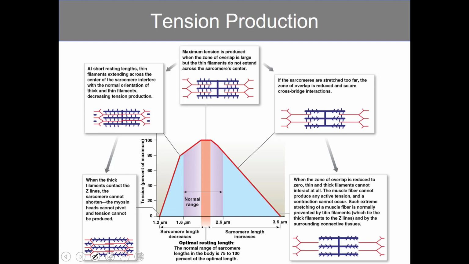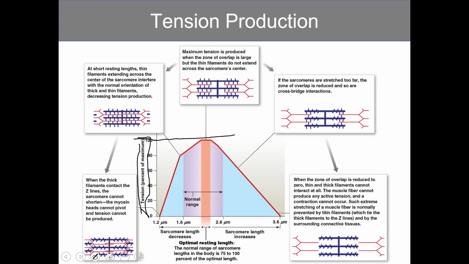If we look at a graph here, let's orient ourselves. We have tension on the y-axis, percent of maximum, where 100% of the tension is reached all the way up here. And then we have the optimal, or the resting length, on the x-axis.